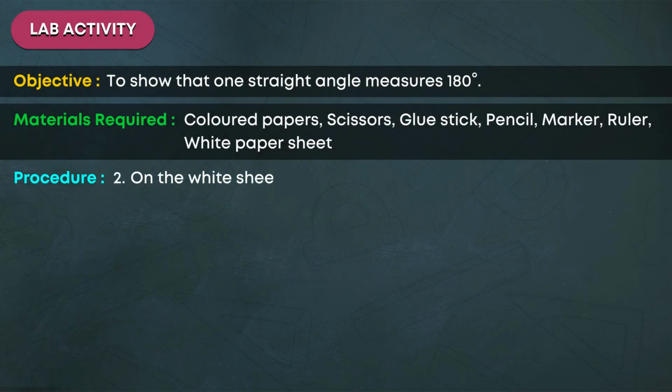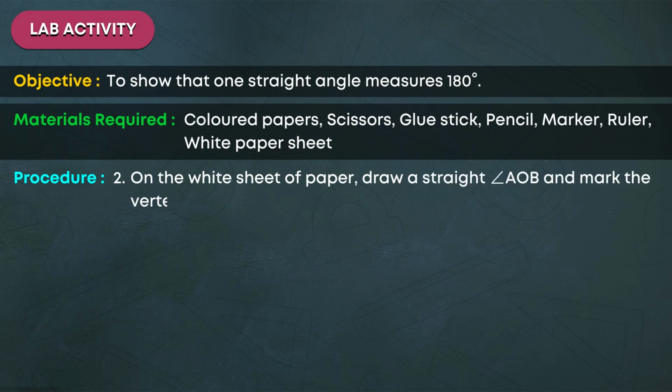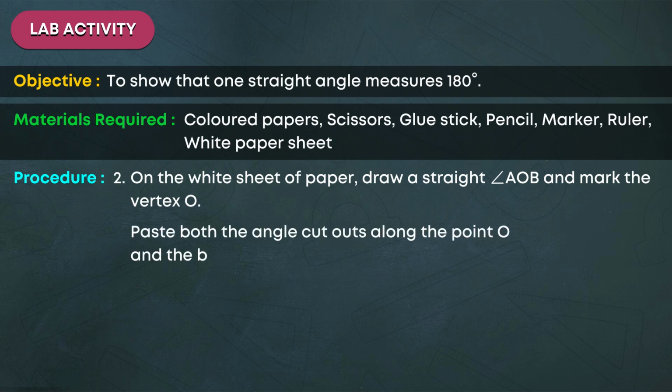On the white sheet of paper, draw a straight angle AOB and mark the vertex O. Paste both the angle cutouts along the point O and the baseline. Two right angles: 90 degrees plus 90 degrees is equal to 180 degrees.